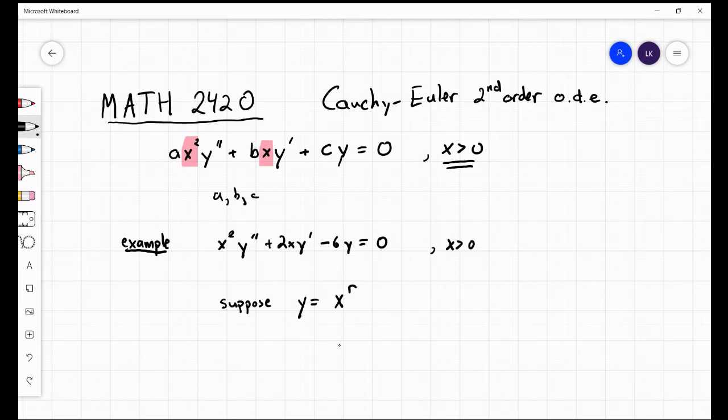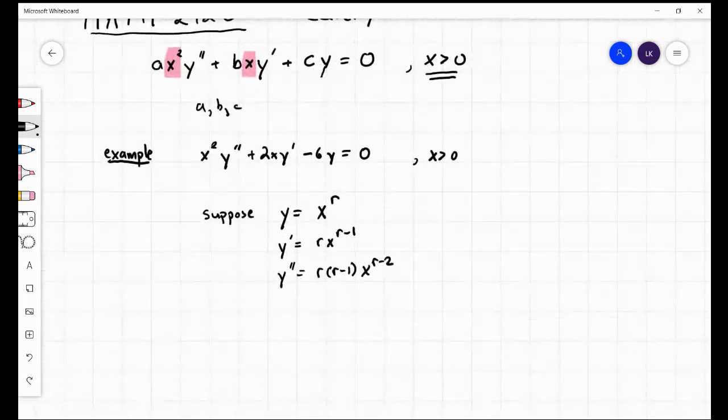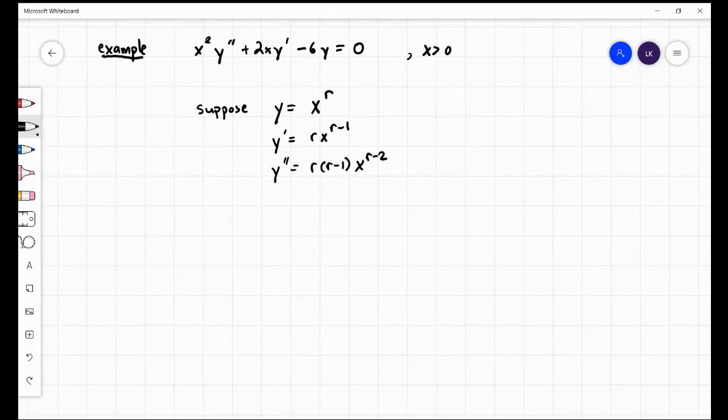Well, as always, if we make an assumption about a solution, we're going to see what would have to be true about r for us to have a solution like this. So we differentiate with respect to x once, twice, and then we plug that into our differential equation.